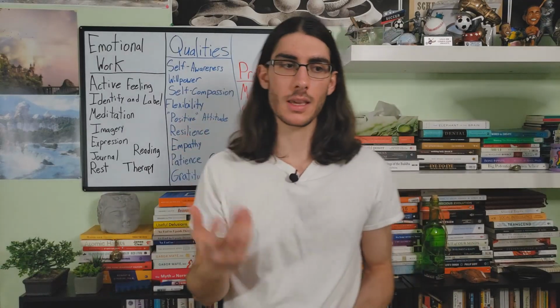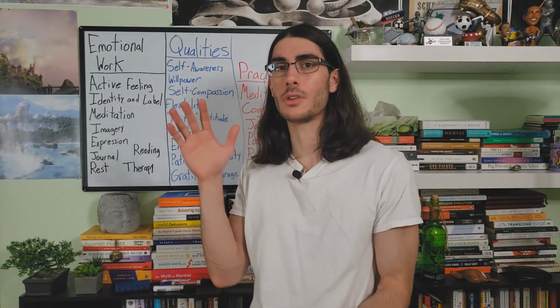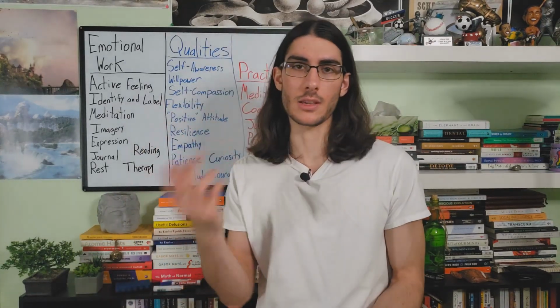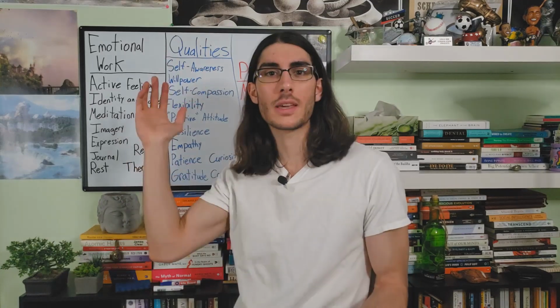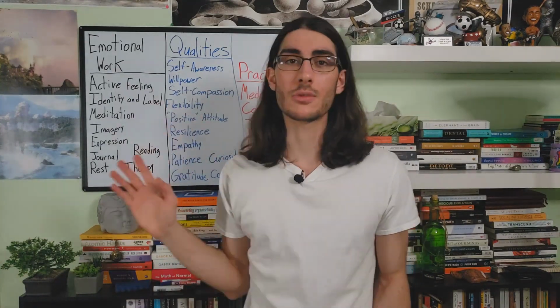This is problematic because we have to take a bird's eye view when we are observing ourselves. We have to be able to detach from these things. This doesn't just involve some cold, distant witnessing, but it also involves active feeling, which I'll get to soon.